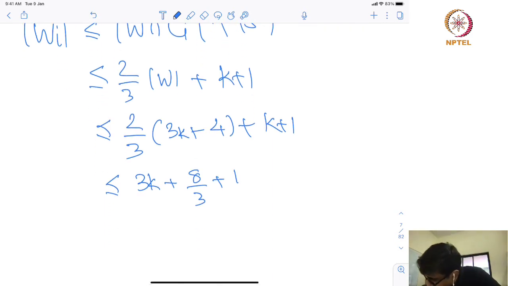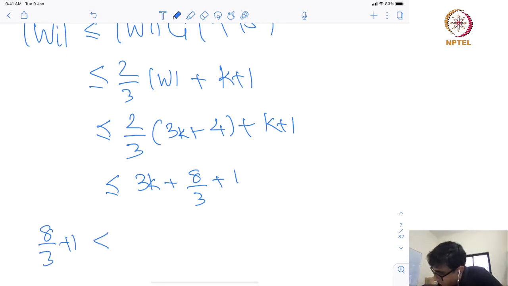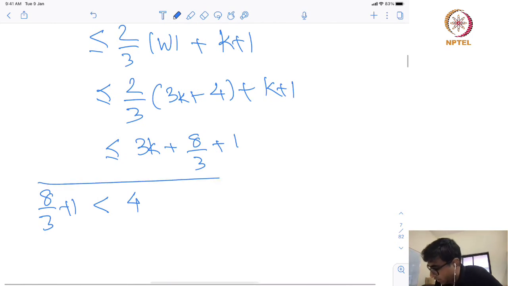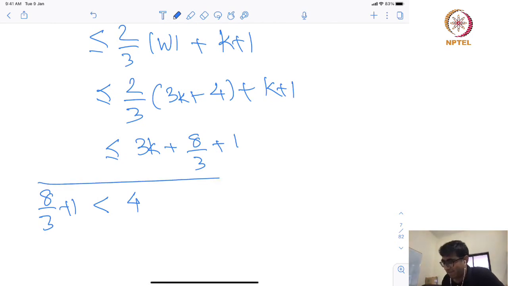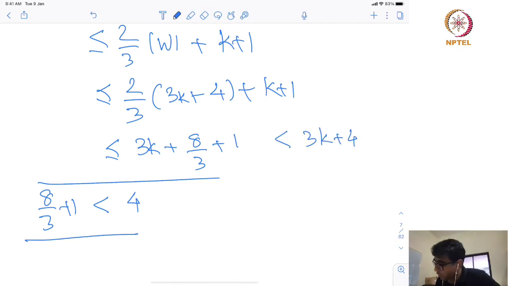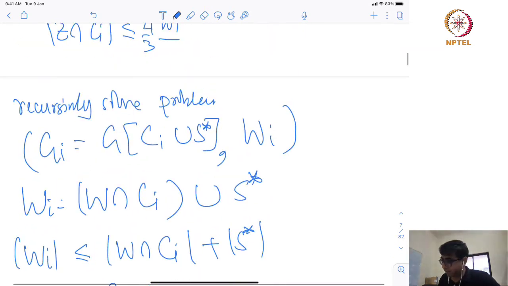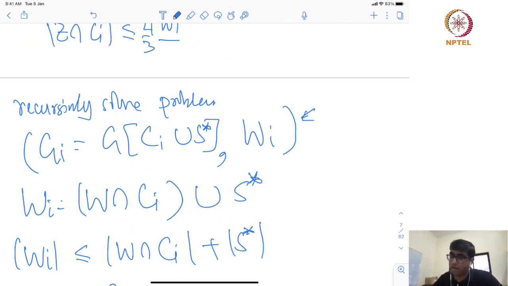Now, 8/3 plus 1 I claim is strictly less than 4, and this is easy to see because 8/3 is less than 9. So, this is strictly less than 4, which implies this is strictly less than 3k plus 4. Now, this definitely implies that Wi satisfies this inductive recursive definition of the algorithm, that the cardinality of Wi has to be at most 4k plus 4.